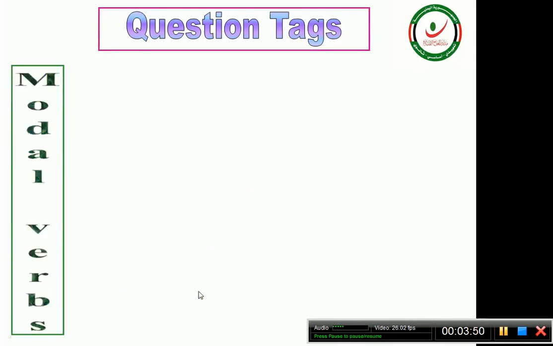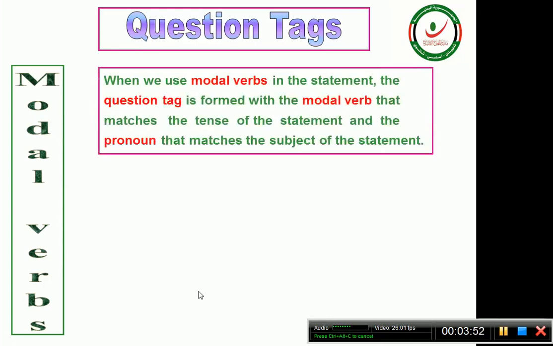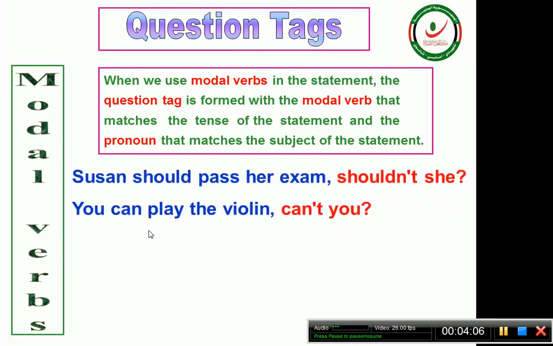Modal verbs. When we use modal verbs in the statement, the question tag is formed with the modal verb that matches the tense of the statement and the pronoun that matches the subject of the statement. Look at the first examples. Susan should pass her exam, shouldn't she?